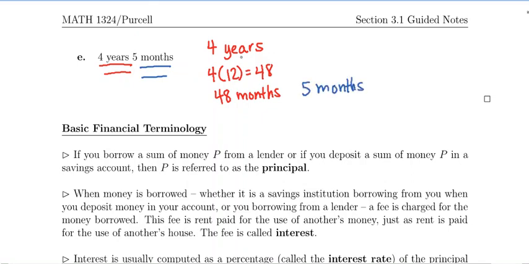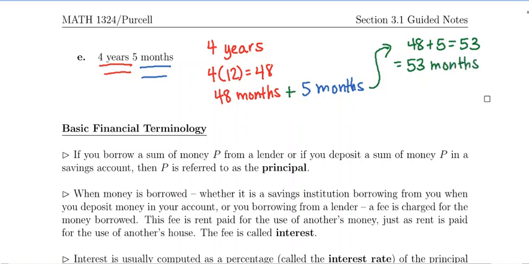Let's add those two together because you have the 4 years plus the 5 months. 48 plus 5 is 53, so 4 years and 5 months is 53 months.